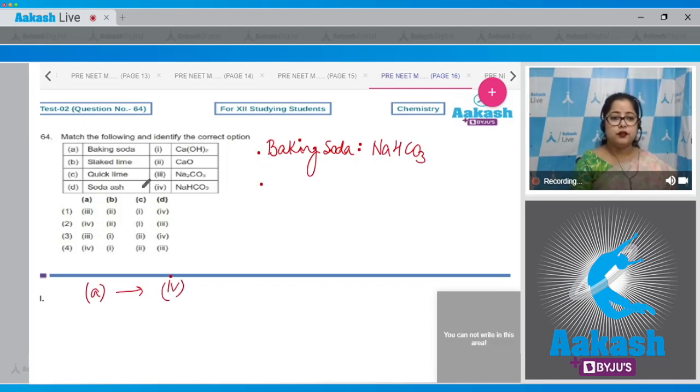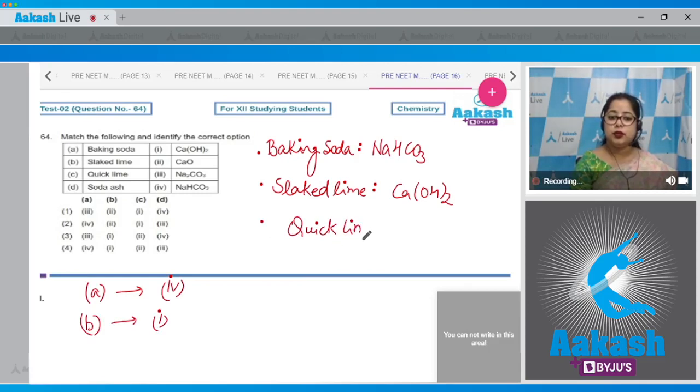Moving to next, we have slaked lime. Student, slaked lime is Ca(OH)2, that is calcium hydroxide. That means for B, the correct code is number 1. Moving to next, which is quicklime. Students, quicklime is calcium oxide, that is CaO. That means for C, the correct code is number 2.